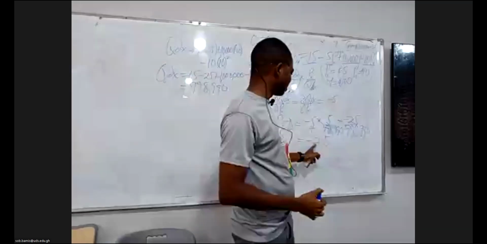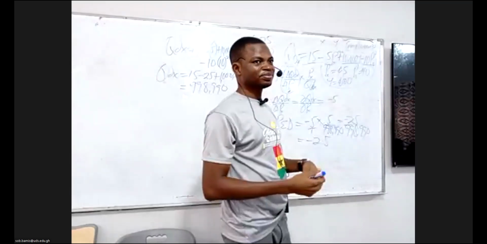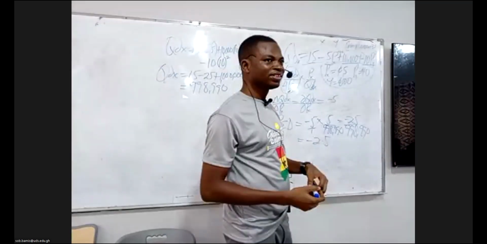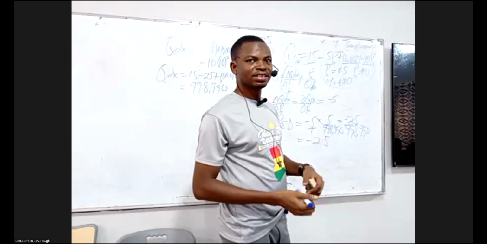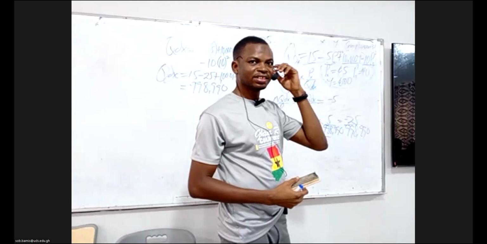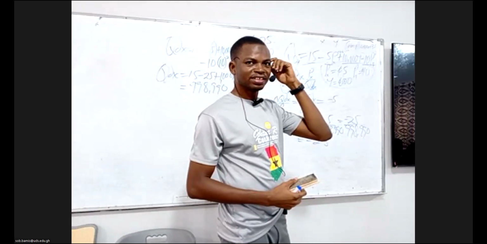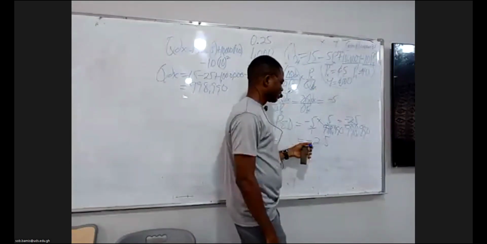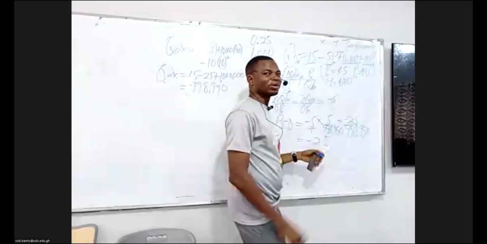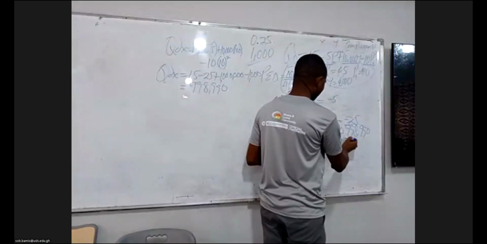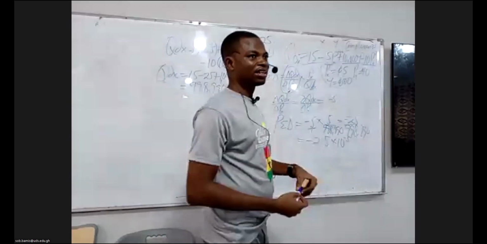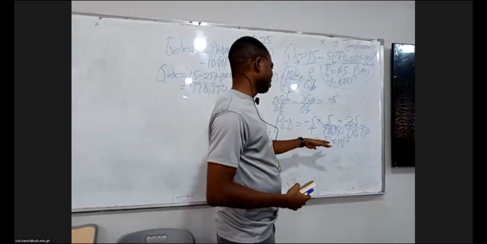So that gives us negative 2.5 times 10 to the minus 5. Okay, so it's quite an arbitrary number.